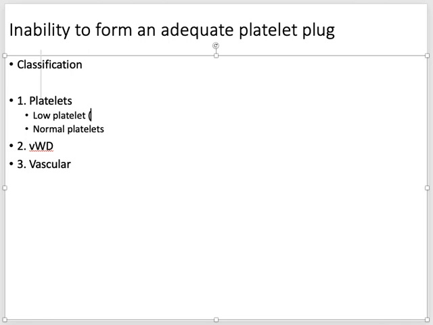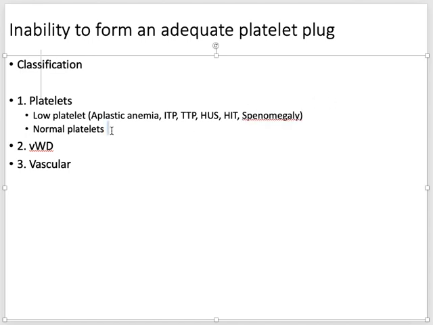I told you it could be a low platelet count or normal platelets. For low platelet count, either it is not produced at all, as in aplastic anemia, or there is increased destruction, like immune thrombocytopenic purpura or thrombotic thrombocytopenic purpura, or hemolytic uremic syndrome, in which platelets are also destroyed, heparin-induced thrombocytopenia, or the spleen destroying more, for example in splenomegaly. So, decreased production or increased destruction, that's it.